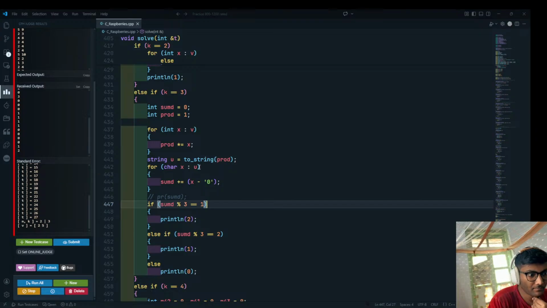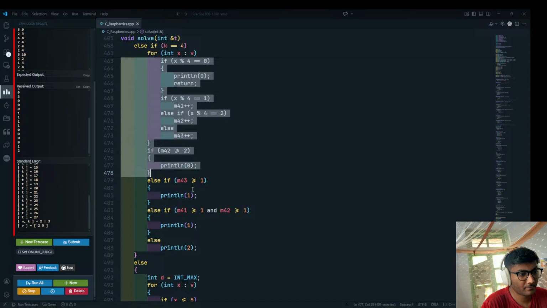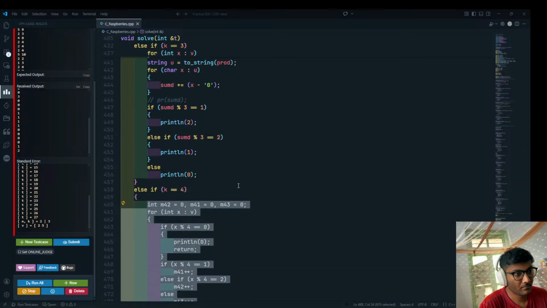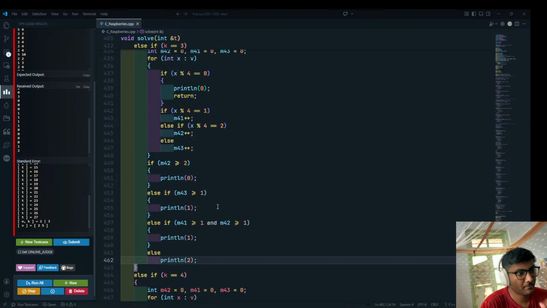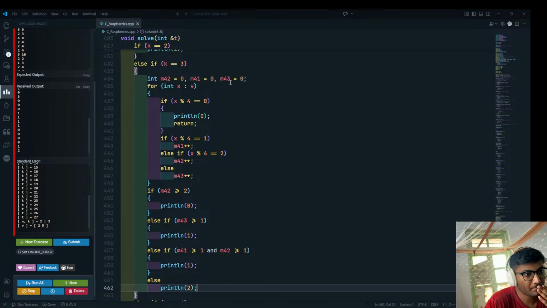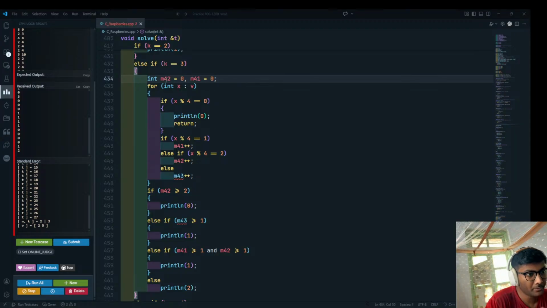Like how many numbers? So the fourth case only. So suppose this cannot ever be possible. So M3 2 and M3 1.